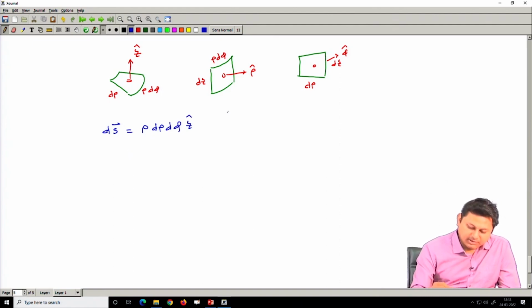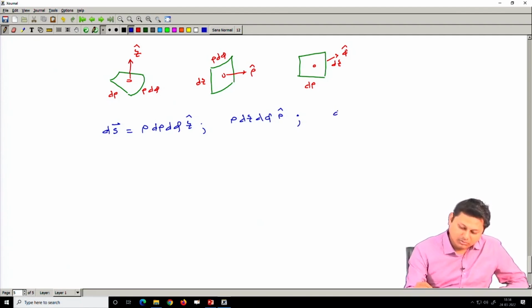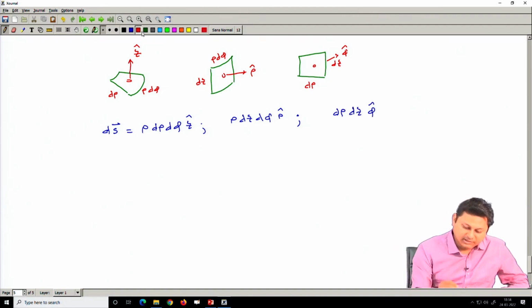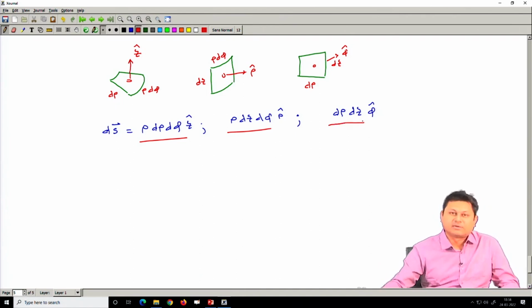In this case it is rho dz d phi along the rho unit vector, and in this case it is simply d rho dz along the phi unit vector. So these are the three surface elements one can have here, in three different directions.